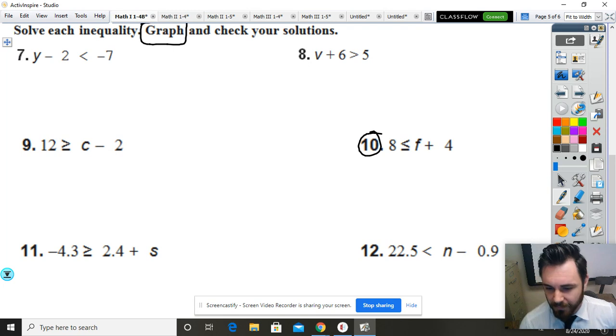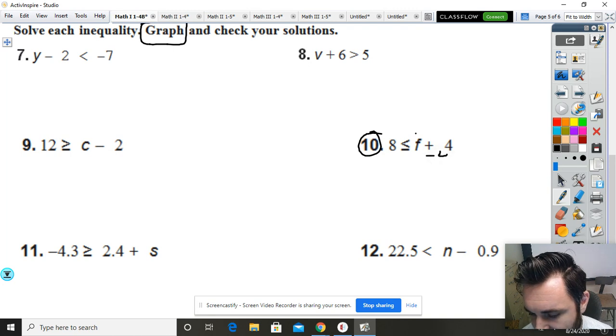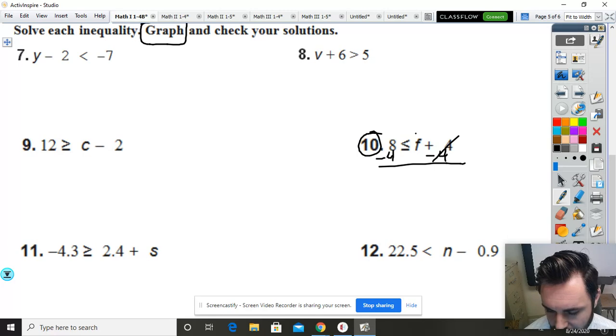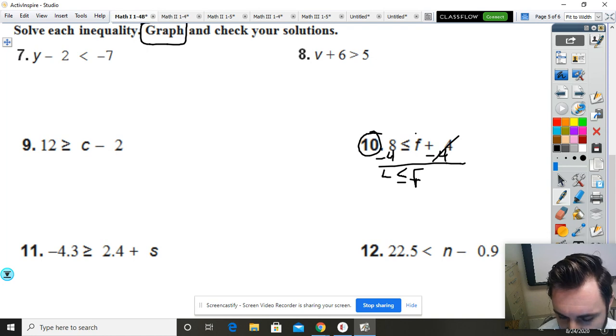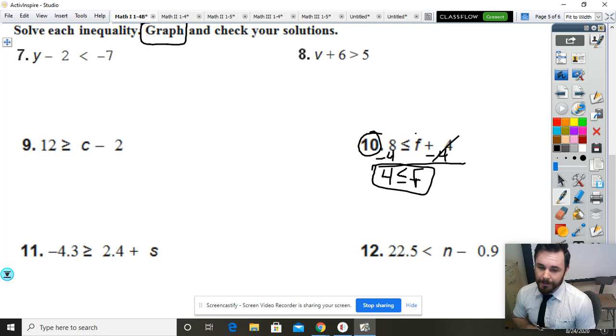Jump down to number 10. Again, to solve it, I want f by itself. So let's subtract 4 from the other side. So we have f. I'm not changing the inequality at all. 8 minus 4 looks like positive 4. You've solved it. There you go.